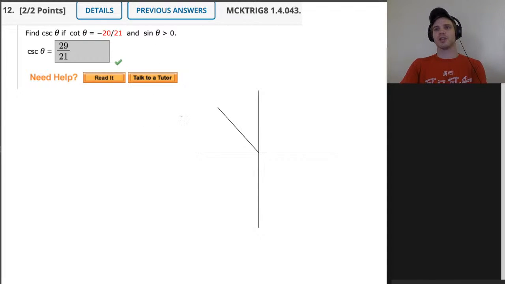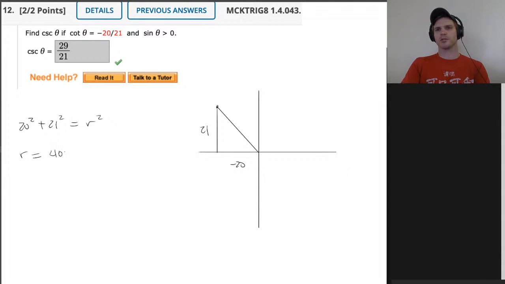And cotangent is the x over the y. That means this point here is going to be -20 over 21. And so we can do 20 squared plus 21 squared equals the radius squared. So what does r equal?